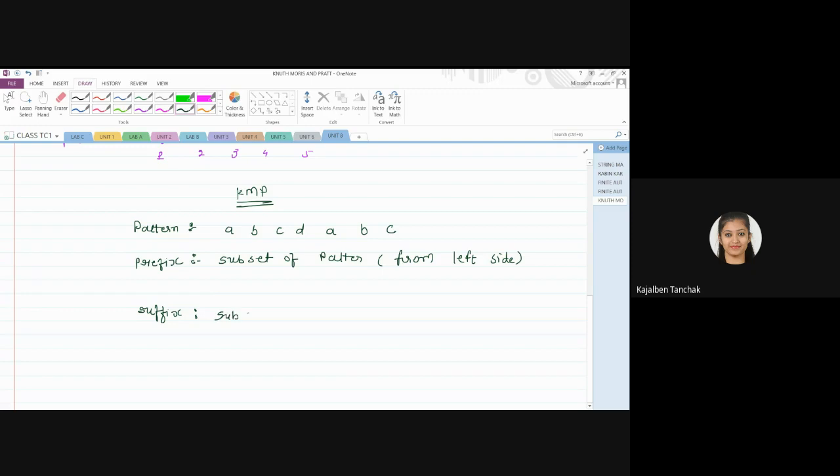In a suffix, it is a subset of the pattern, but from the right hand side. Okay, now tell me the prefix here.